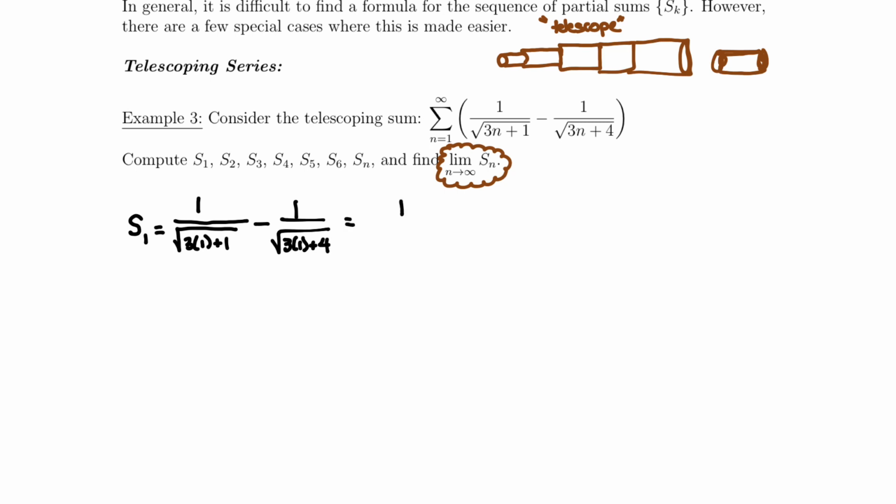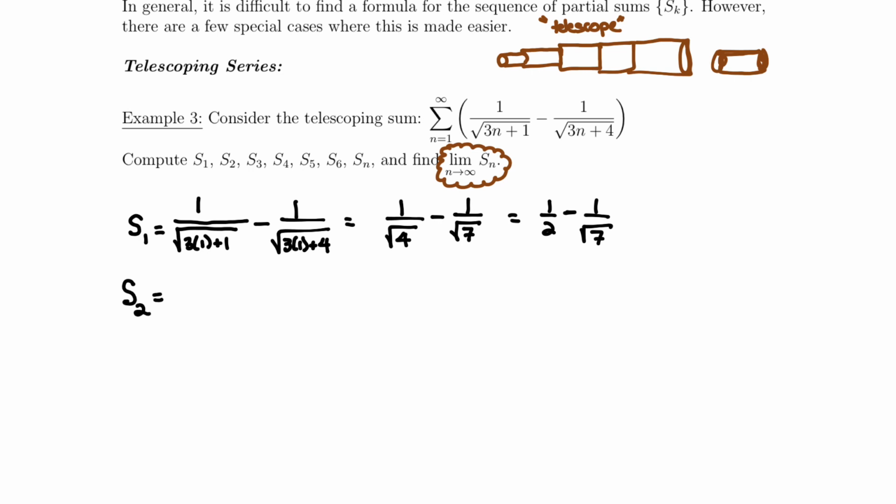What did you get? 1 over the square root of 4 minus 1 over the square root of 7. Is that what you guys got? Or in other words, you got 1/2 minus 1 over the square root of 7. So we would say that's our first partial sum.